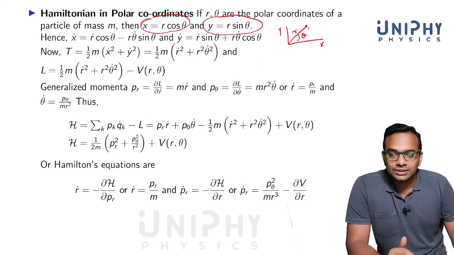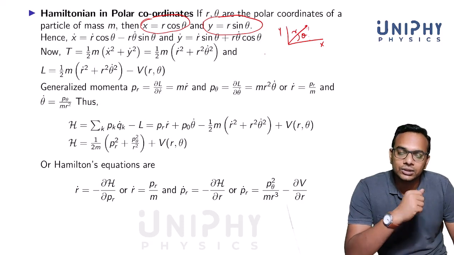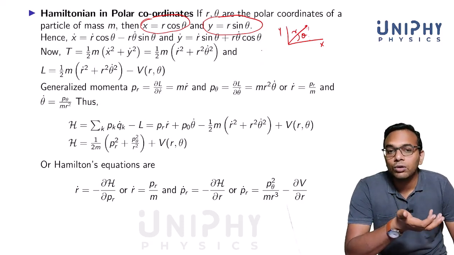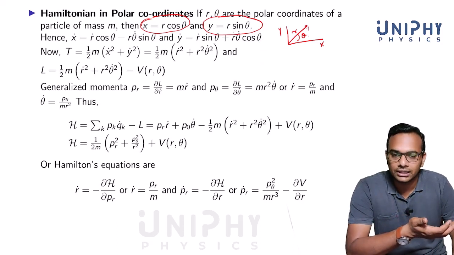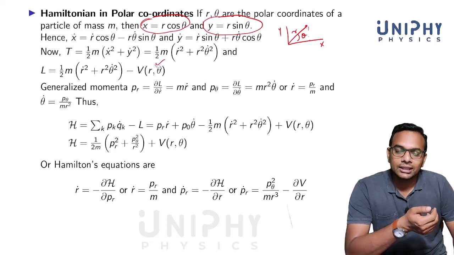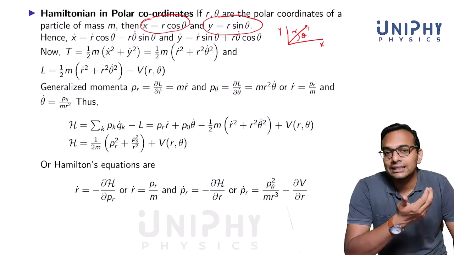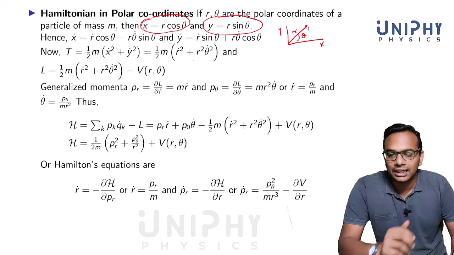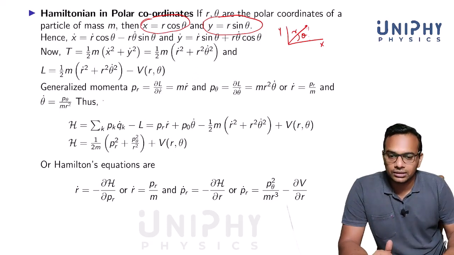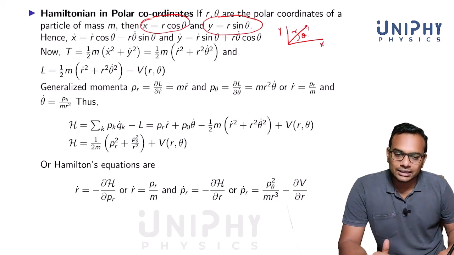You see that the transformation equations do not involve time explicitly. You don't see any time in here. Also the potential energy is velocity independent. So you can simply write H equal to T plus V. In this slide you can check that and try doing it.